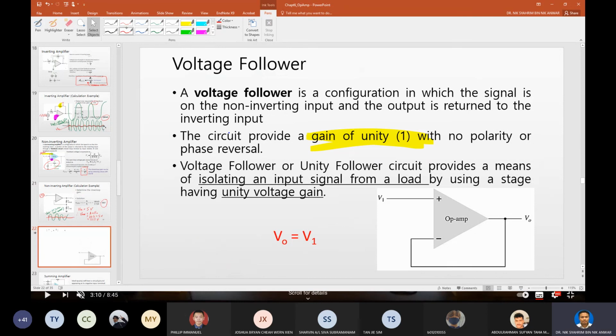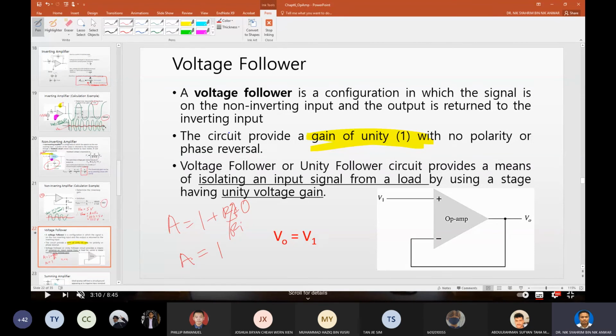So it's basically a specific type of non-inverting amplifier, a voltage follower. So 1 plus RF over RI. But since RF and RI are 0 for both cases, this will give you 0. So you will end up with 1.